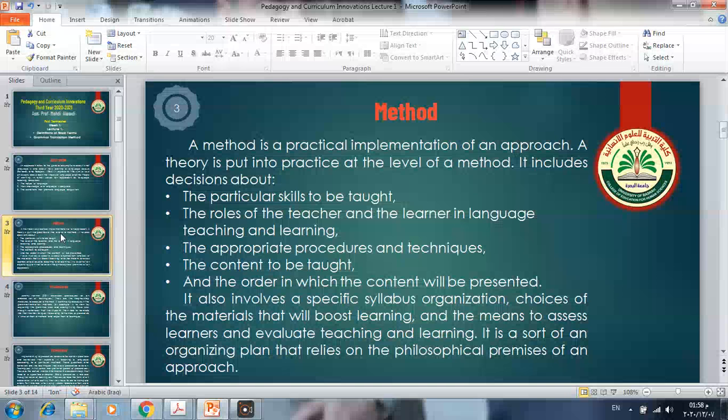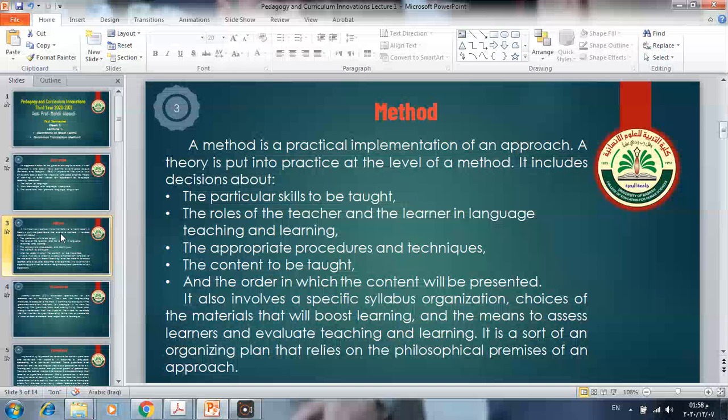For another purpose, we need to teach the skill of listening, writing, reading, or maybe we integrate all four skills at the same time. So the method gives us the decision about what particular skills are to be taught.